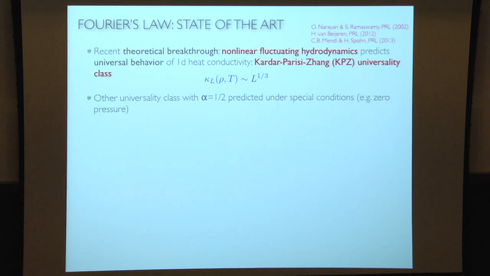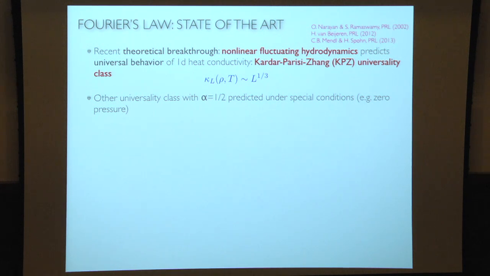Okay, so as you can imagine, there has been a lot of work in this field for quite many years, both from the theory side and from the numerical and experimental side. At the theoretical level, there have been recent theoretical breakthroughs in the form of nonlinear fluctuating hydrodynamics. We have been told these days a lot about this beautiful theory.